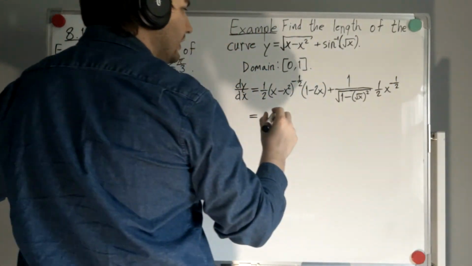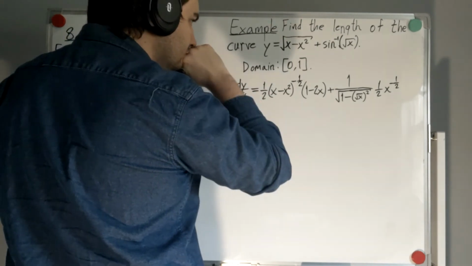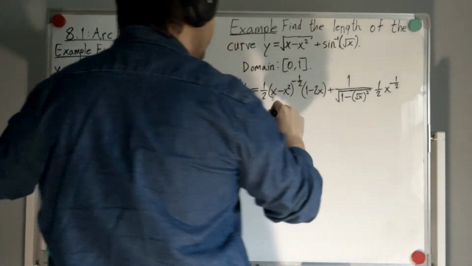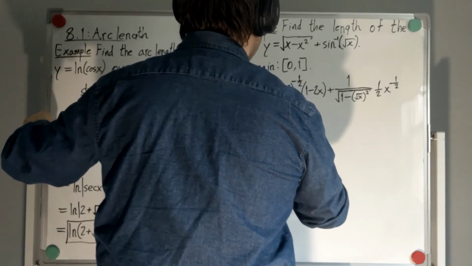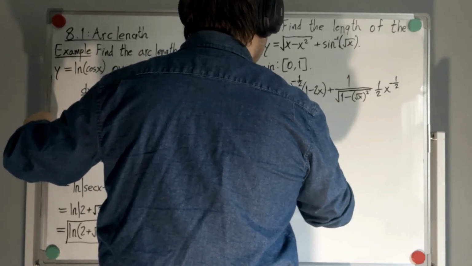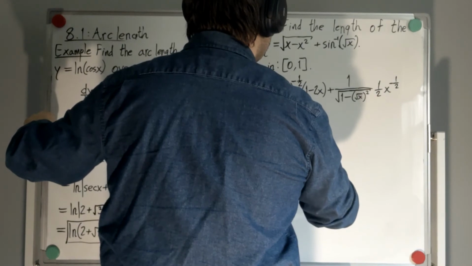This is 1 minus 2x over 2 square root of x minus x squared.